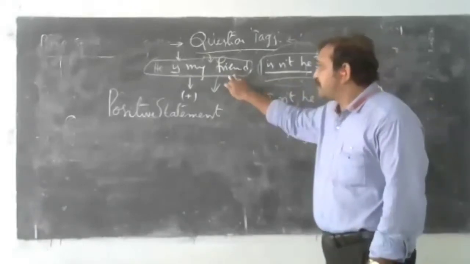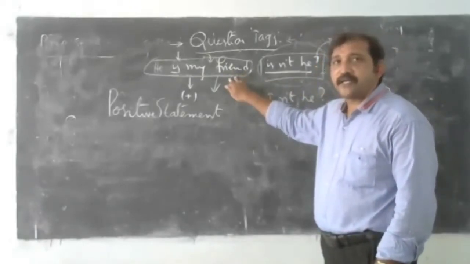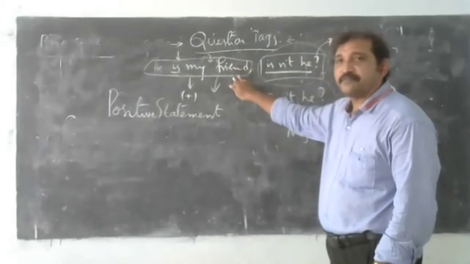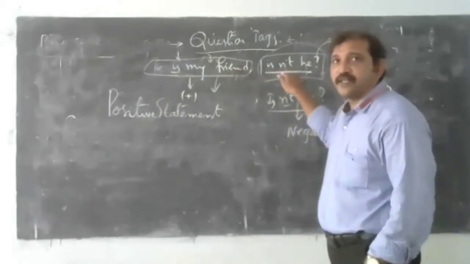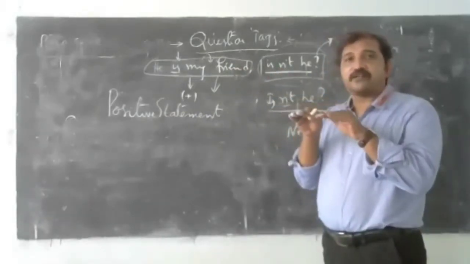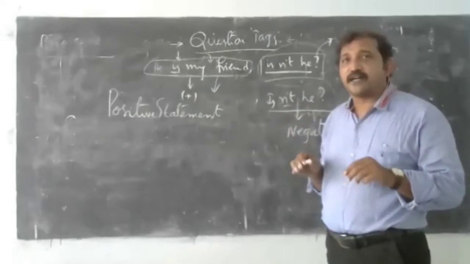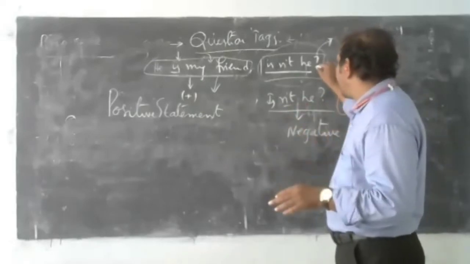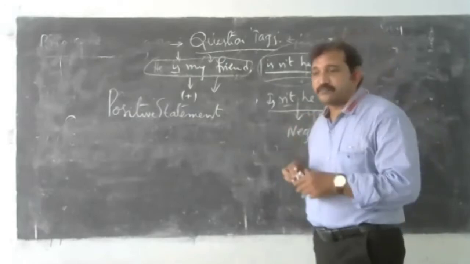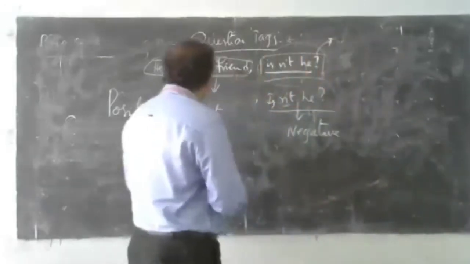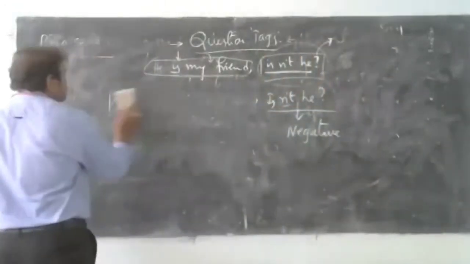So this is a statement. How to speak this? He is my friend. Is it he? The difference must be shown very clearly when speaking. Of course, while writing, we can write a question mark here. And we shall see more examples.